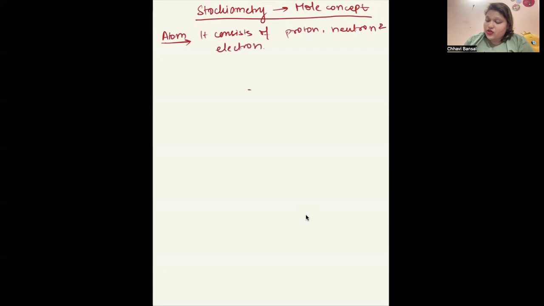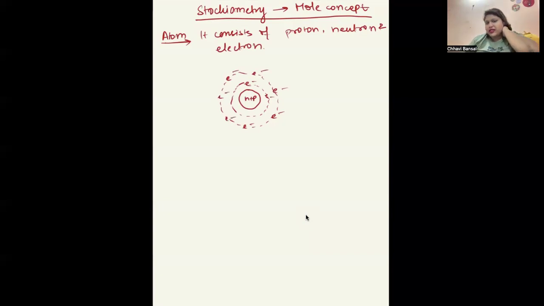If I draw a basic structure of an atom, here the neutron and proton will be present in the nucleus, and outside the nucleus, the surroundings will have electrons, right? This is the very basic way of discussing an atom. Fine. So basically, an atom is made up of neutrons, protons, and electrons, right?